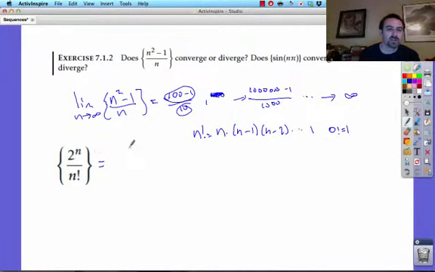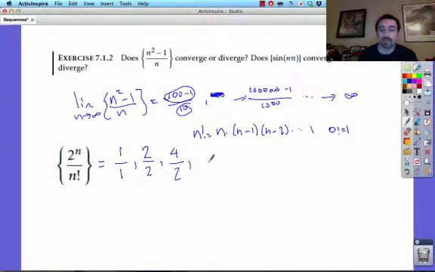So if we start at 0 here, we get 2 to the 0 is 1. In fact, 0 factorial is also 1. If we put in a 1 now, we get 2 over 1, which is 2. Wait, 2 over 1 factorial, that's also 2 over 1. Then n equals 2: 2 squared is 4 over 2.